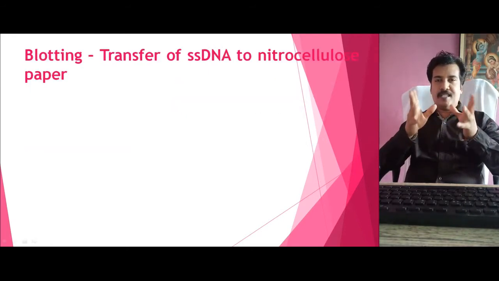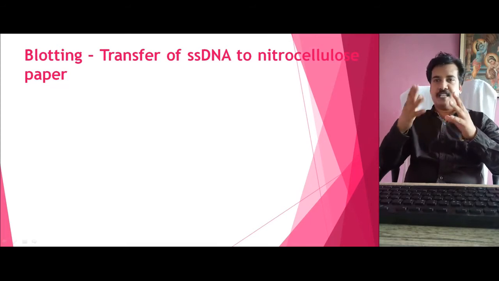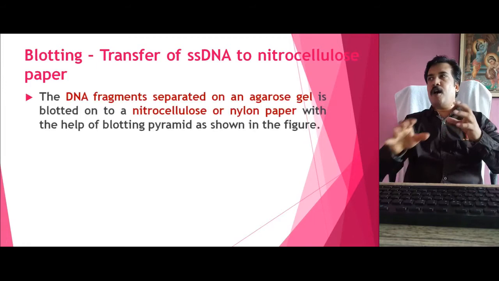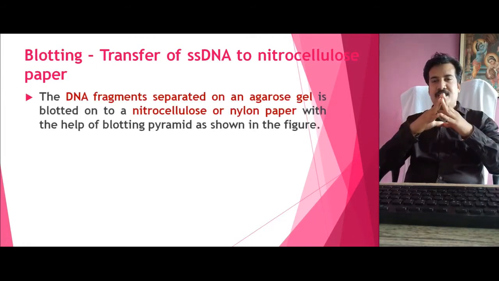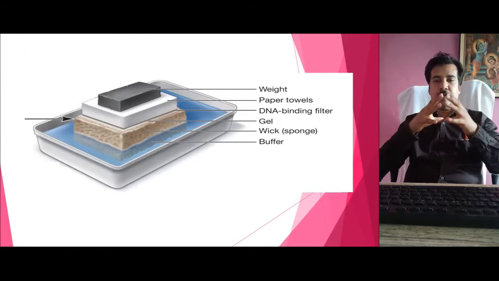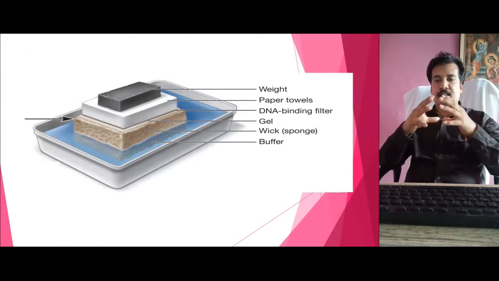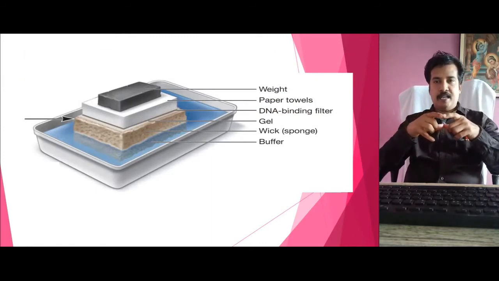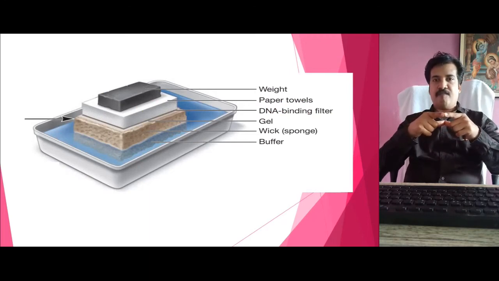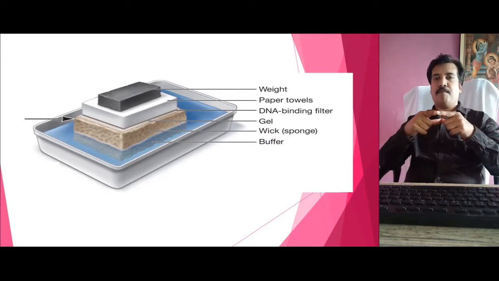Blotting is nothing but the transfer of this single-stranded DNA onto the nitrocellulose paper. How it is performed, we can see with the help of a figure. As you can see, the blotting pyramid is constructed like that. The gel is placed inside a tray, and the tray is filled with a transferring buffer.